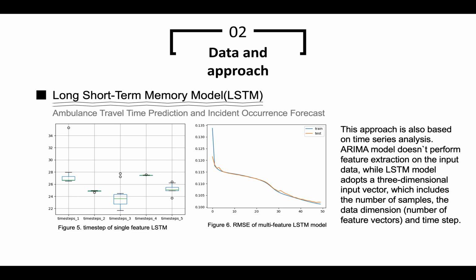Compare the different models above by loss. For the prediction of incident amount, the ARIMA model performs better than others in short-term forecast, while the multiple feature LSTM model is more preferred for long-term forecast.